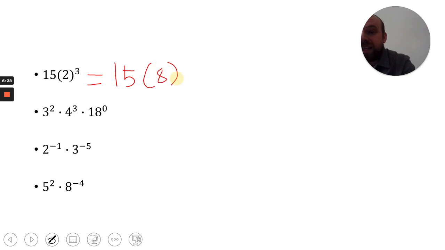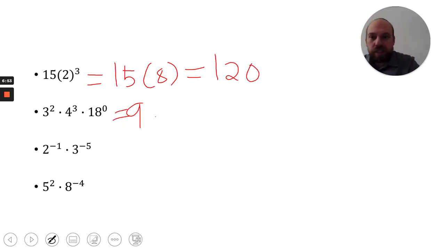And then 15 times 8 would be 120. Here you do each of the exponents first. 3 squared is 9. 4 to the 3rd is 64. 18 to the 0 is 1. So 9 times 64 times 1 is 576.